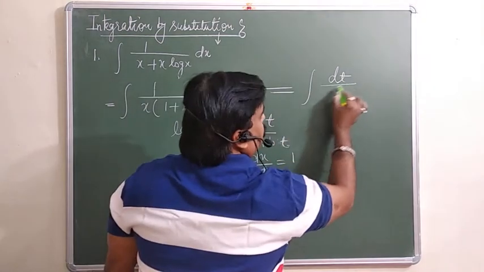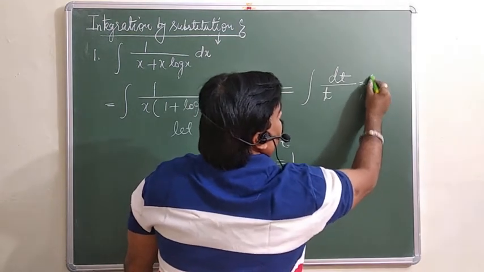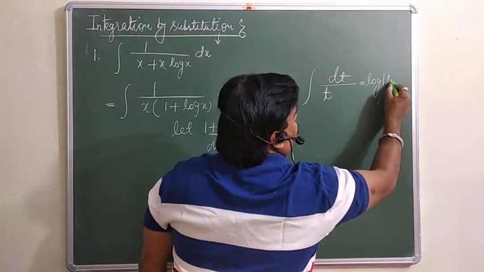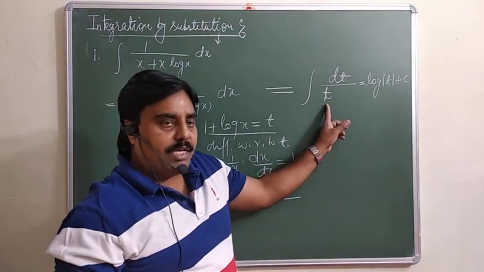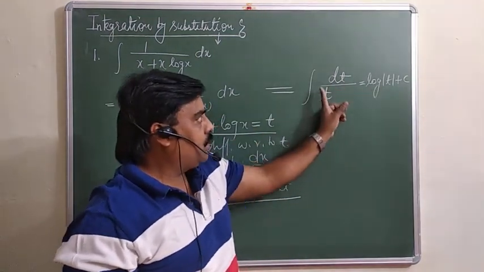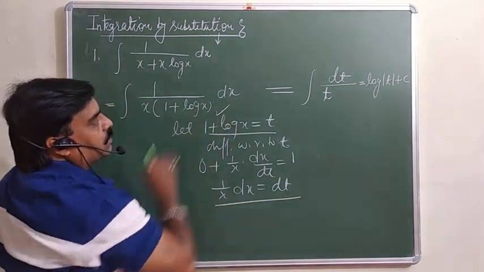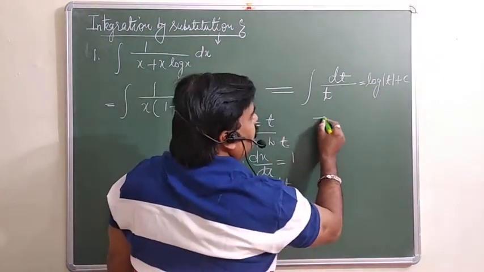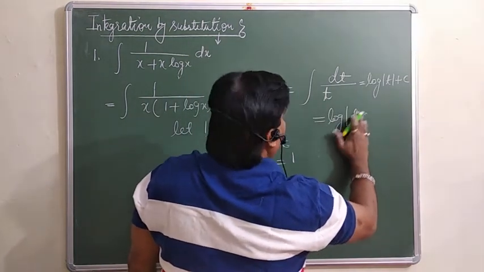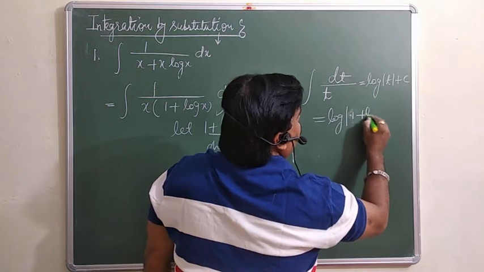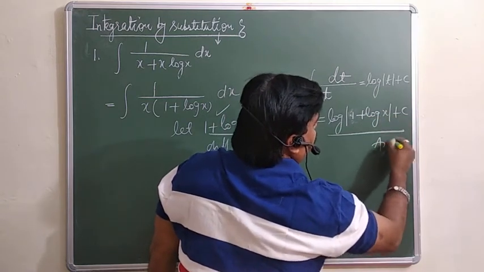So this is the integral of dt over t, which is equal to log t plus c, because the antiderivative of 1 over x is log x, but here it is 1 over t, so that is log t plus c. But t is what you assumed, 1 plus log x, so this is equal to log of 1 plus log x plus c, and this is your answer.